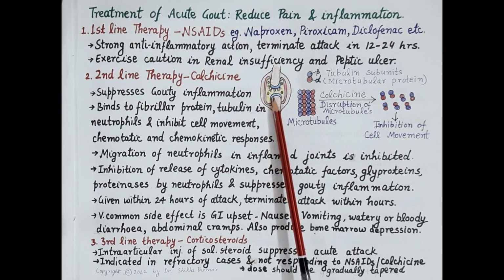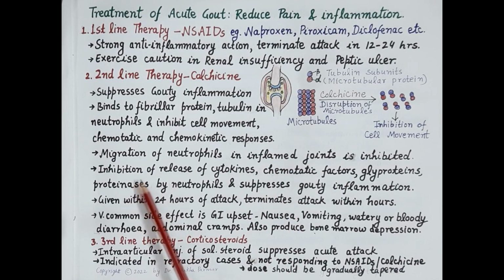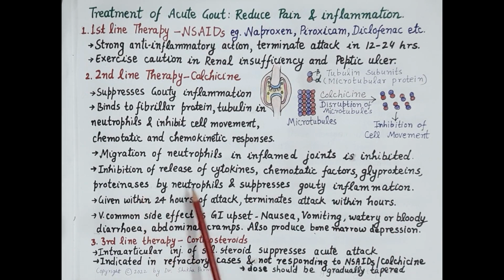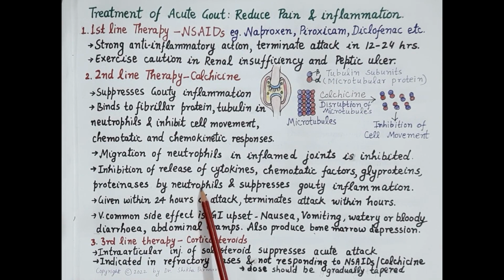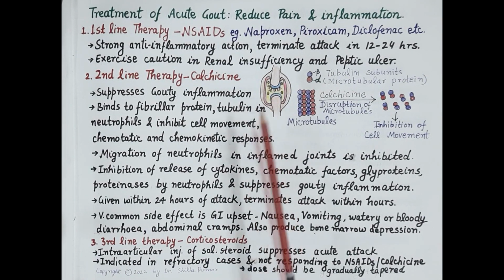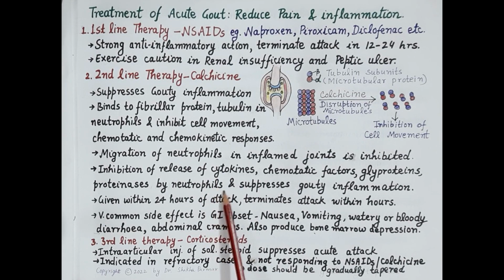So, and apart from this, there is further inhibition of release of cytokines, chemotactic factors, glycoproteins, proteinases enzymes by the neutrophils. So, now the neutrophils on one side, they cannot migrate into these joints, and secondly, they do not release these inflammatory mediators.